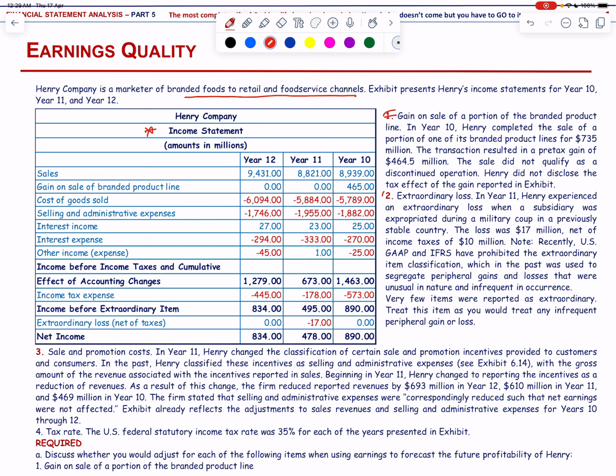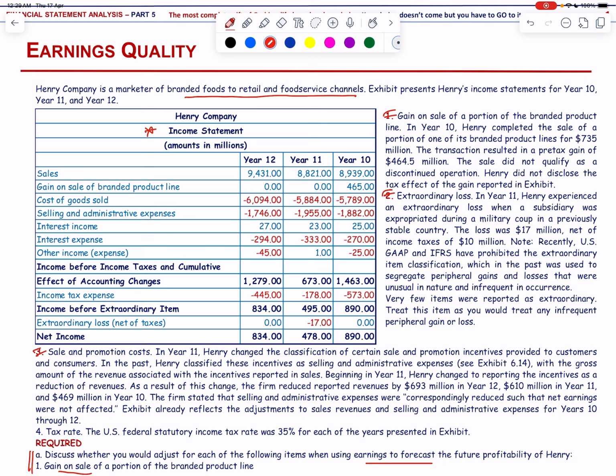There is some additional information, and the first thing that they require is to discuss whether you would adjust for each of the following items when using earnings to forecast the future profitability of Henry. The gain on sale of a portion of the branded product line.